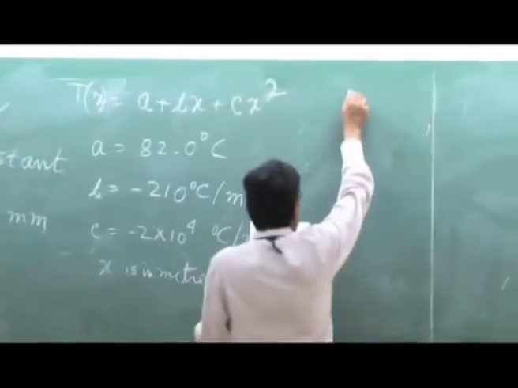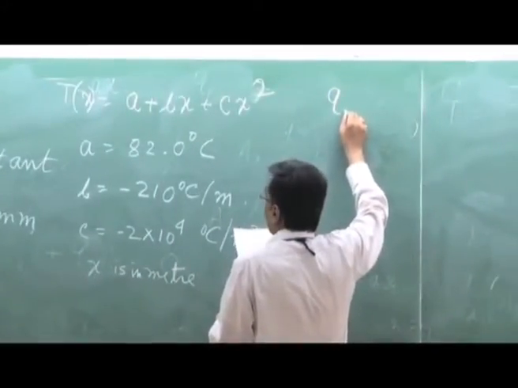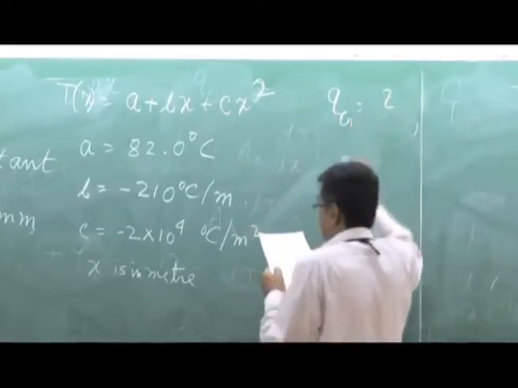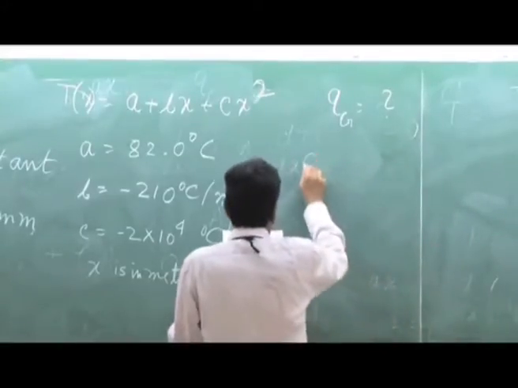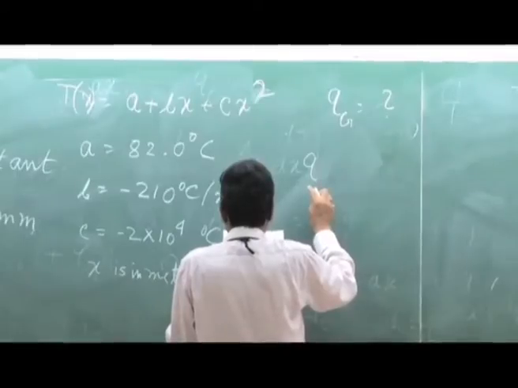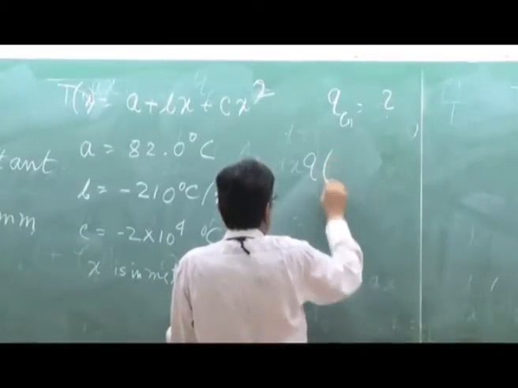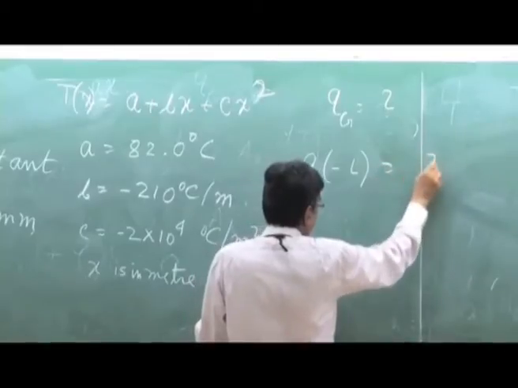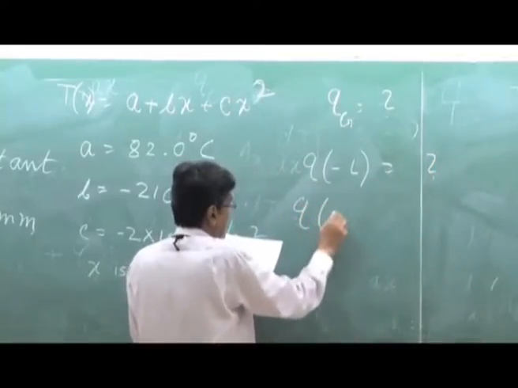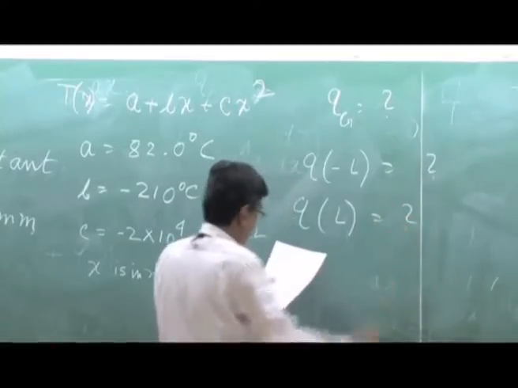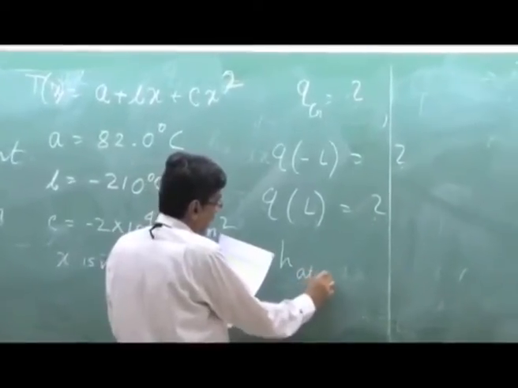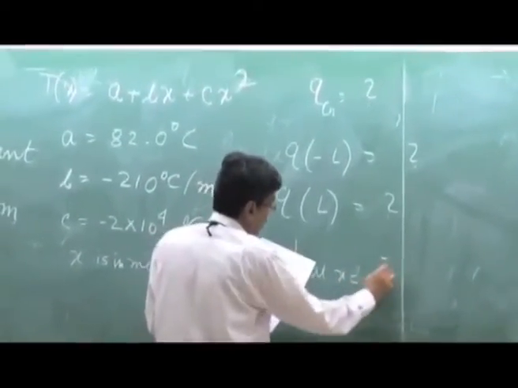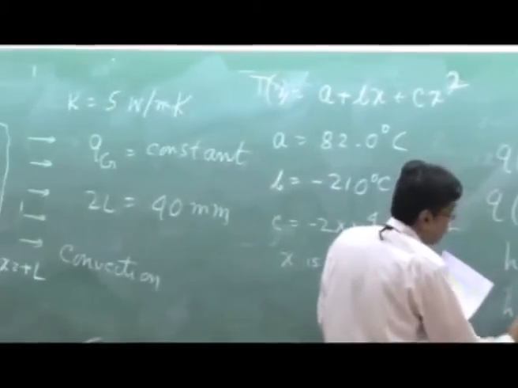Now what do they ask? What is the value of the volumetric heat generation rate Qg? Determine the heat flux q at minus L and heat flux at plus L. What are the convection coefficients at x is equal to L and at x is equal to minus L?